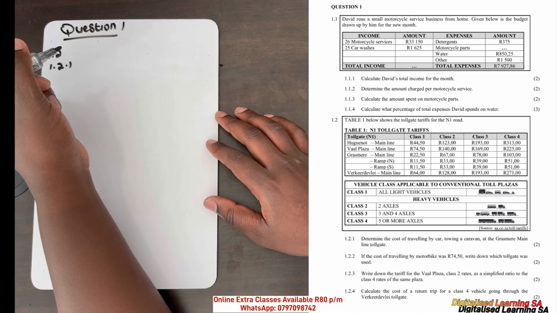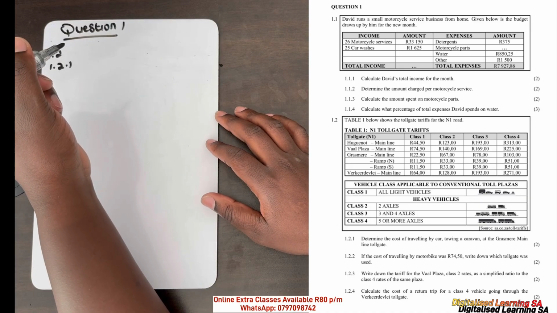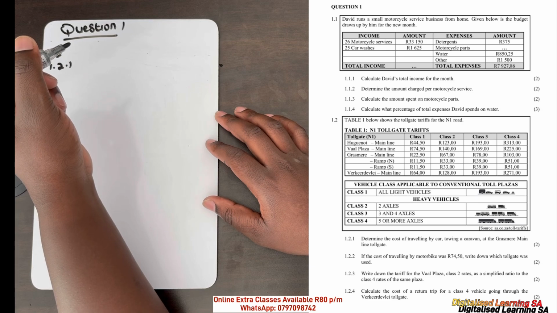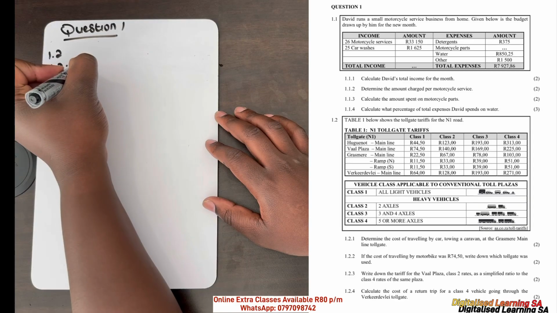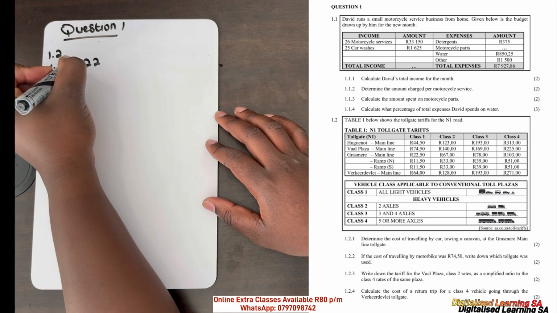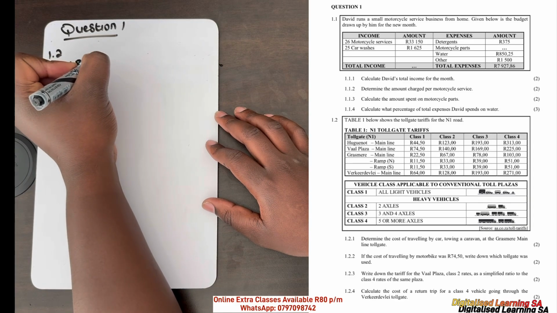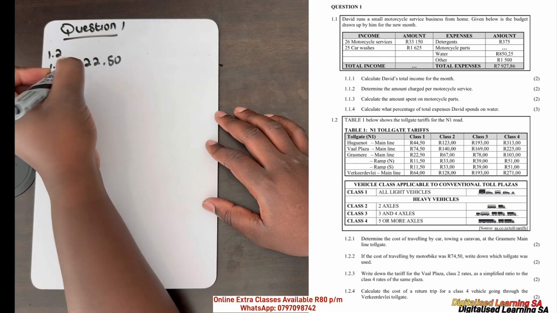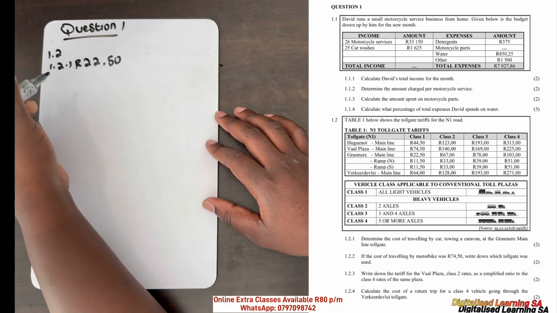So we can see that a car towing a caravan also falls under class 1. So we just go to Grasmere main line toll gate and check under the class 1 column. So we can see that the price will be 22 rand 50 cents. So it will cost 22 rand 50 cents.